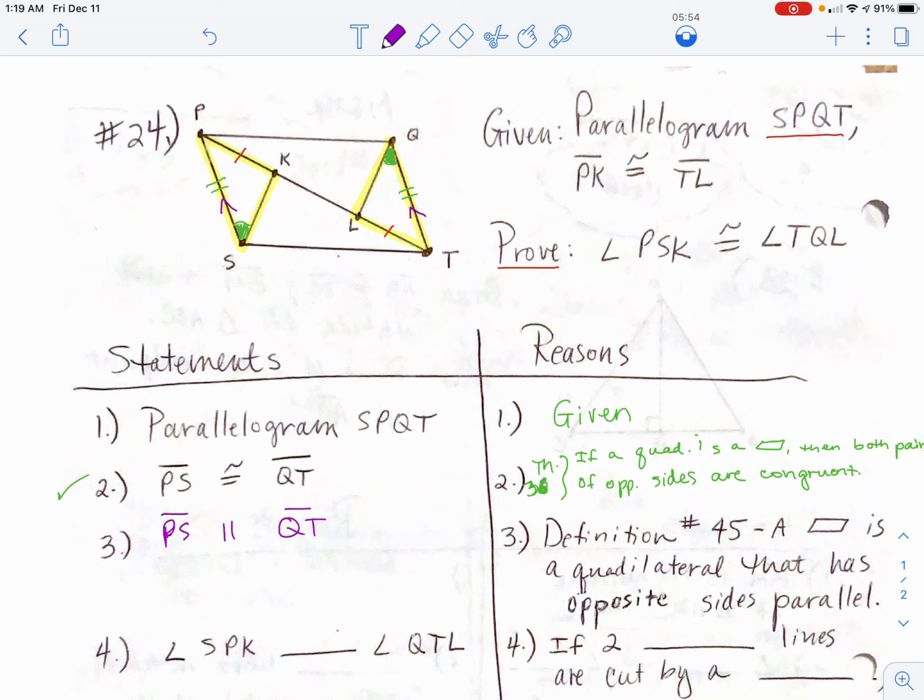So if this line, and I'm going to erase it in just a minute because we're going to get too busy here, but if this line is parallel to this line, which is what we just said, based on the fact it's a parallelogram, I'm going to look at this transversal right here. Okay, and why am I wanting to do that?